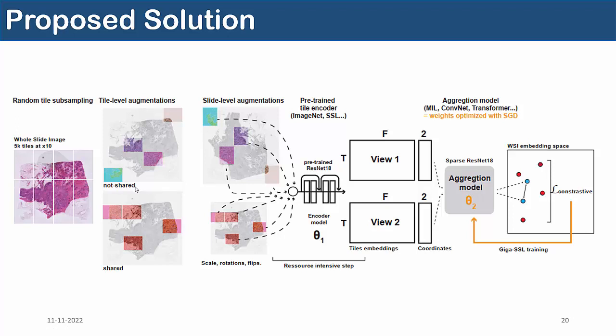So one of the slides may go through a cropping transformation, the other may go through some coloring transformation, some jitter transformation, or anything. And in the next one, the tile level augmentations, the same transformation is applied to the different tiles that have been selected. And then in the next stage, the slide level augmentations are performed, where the slide as a whole has been transformed into a new representation. This could be through scaling, rotation, or flips, or whatever.